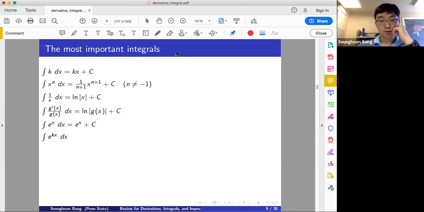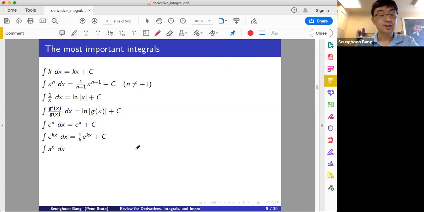The derivative of e to the kx is e to the kx times the derivative of kx, so we have k times e to the kx. So the integral of e to the kx dx is 1 over k times e to the kx plus c. Really be careful with this kind of thing.